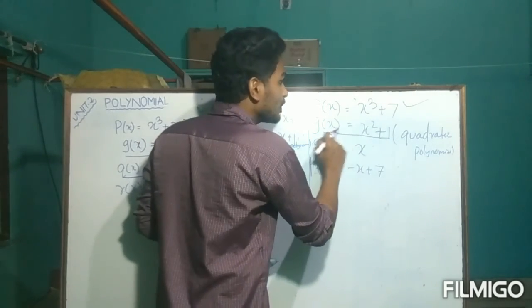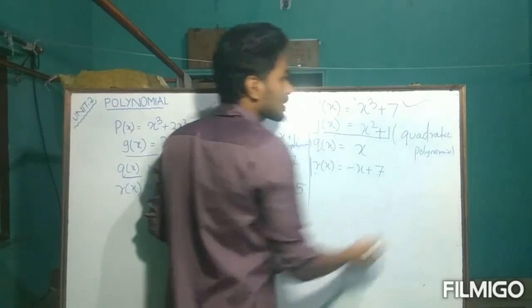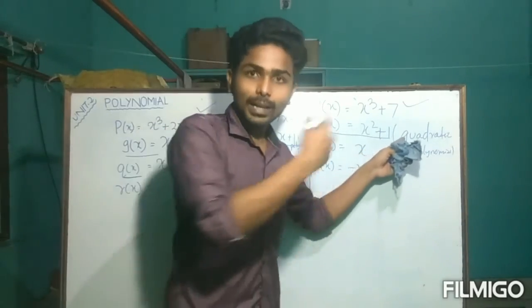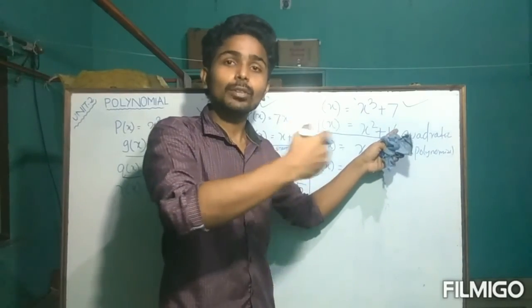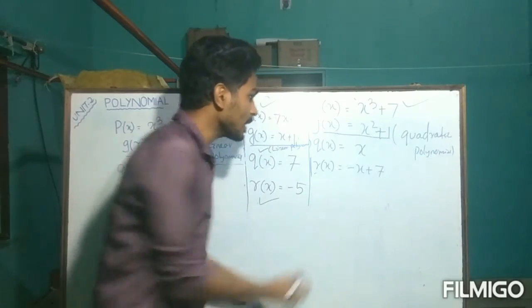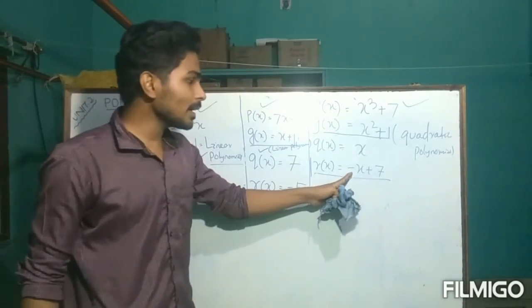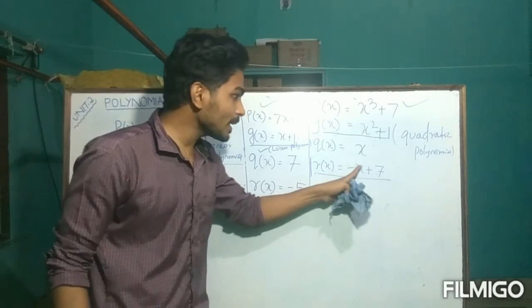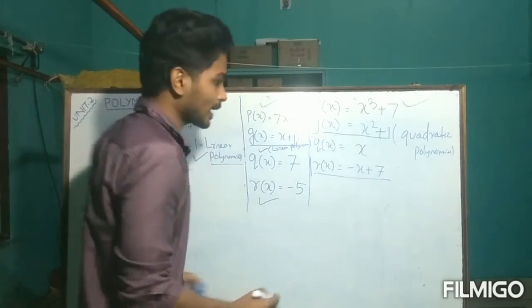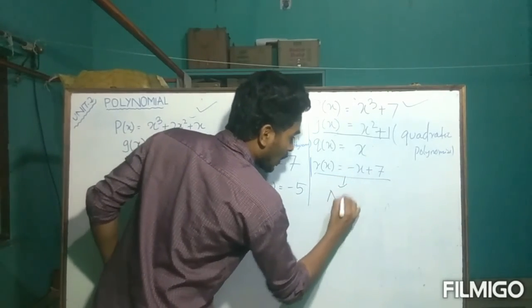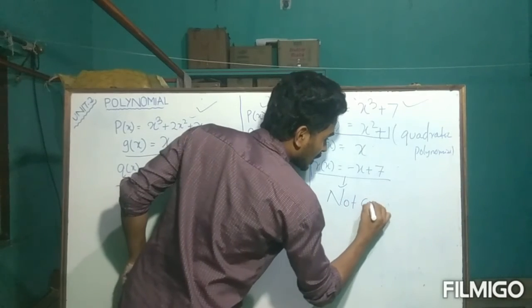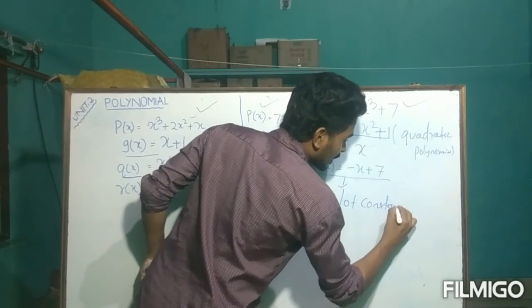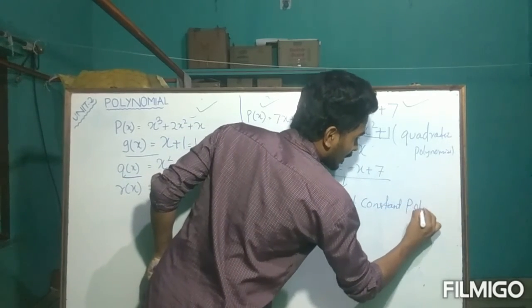But if the divisor is not linear, if it is quadratic, degree more than 1, then what will happen? You see, the remainder is not a constant. It is a polynomial of degree 1. Okay, it is not a constant polynomial.